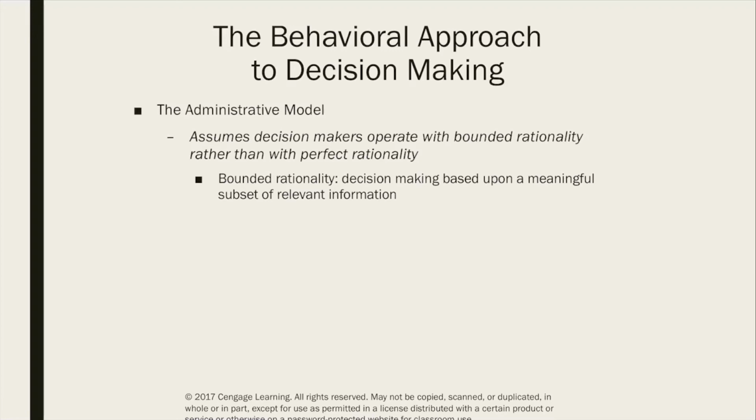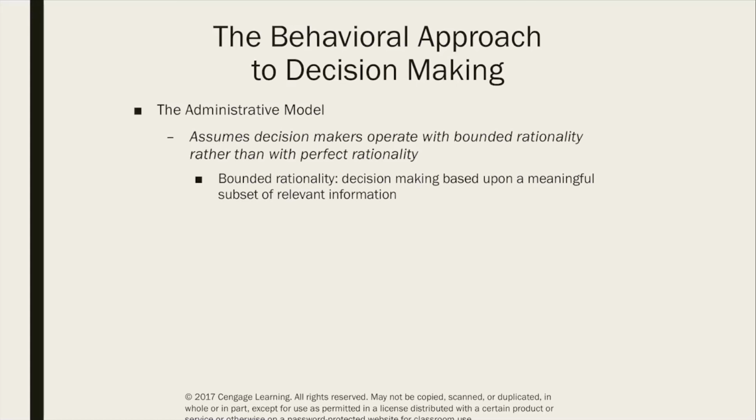There's a phenomenon called bounded rationality, which says that decision making is based upon a meaningful subset of relevant information. Bounded rationality means that your rational application of decision making is bounded, or it's restricted.